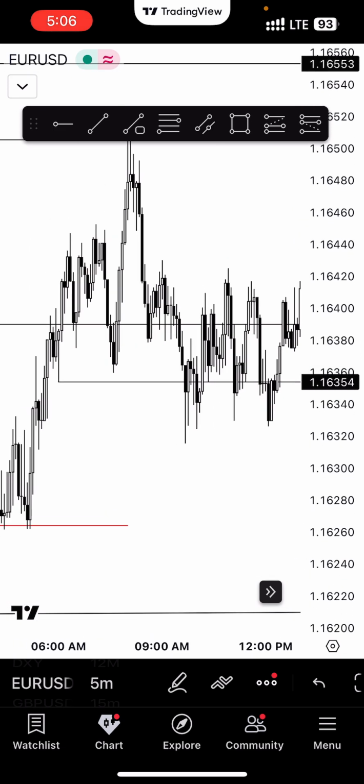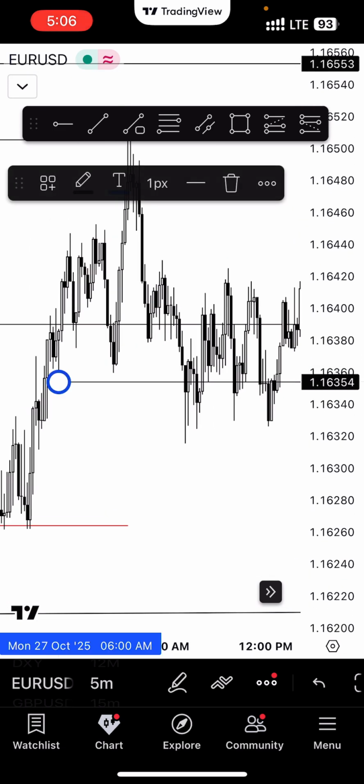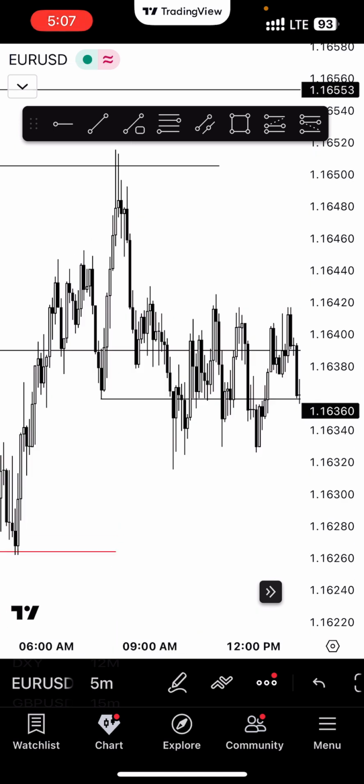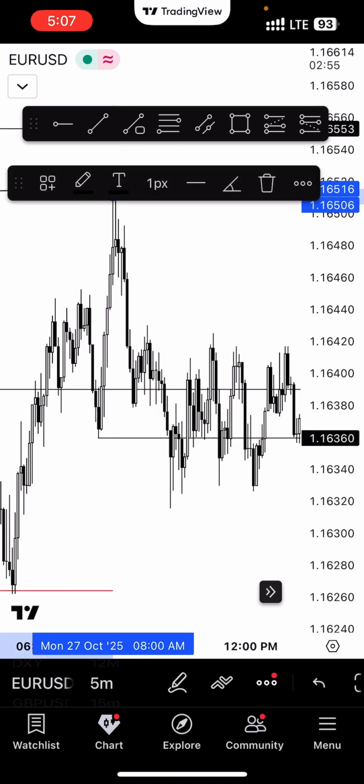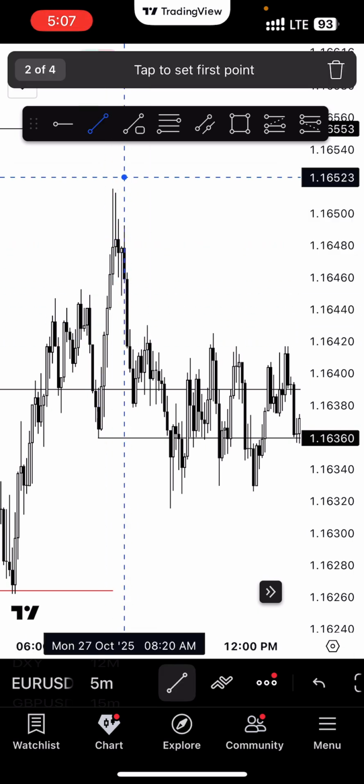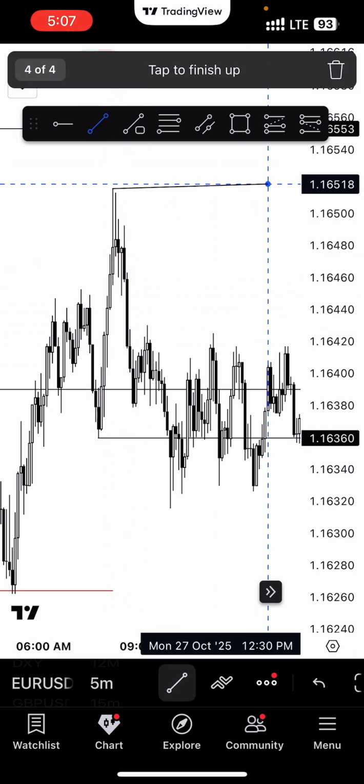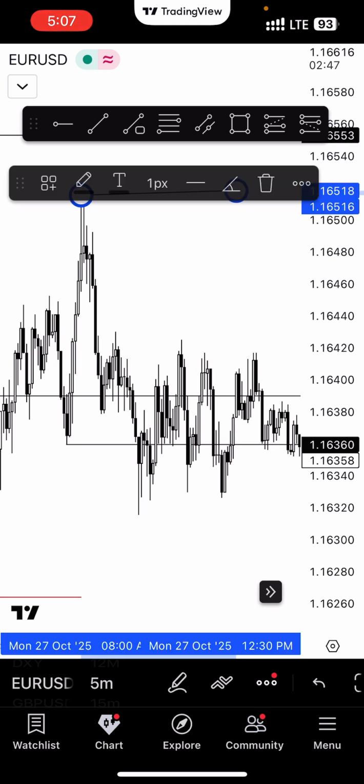Now, as you can see also, we have a range high and a range low. We have a range low and range high, so pre-manipulation time.